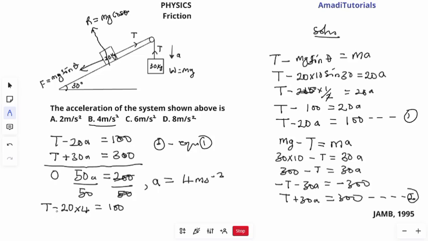So we have T equals 100 plus 80, because 20 times 4 will give you 80. The 80 we take to the other side becomes plus 80. So your tension will be 180 Newton. So it's as simple as that.